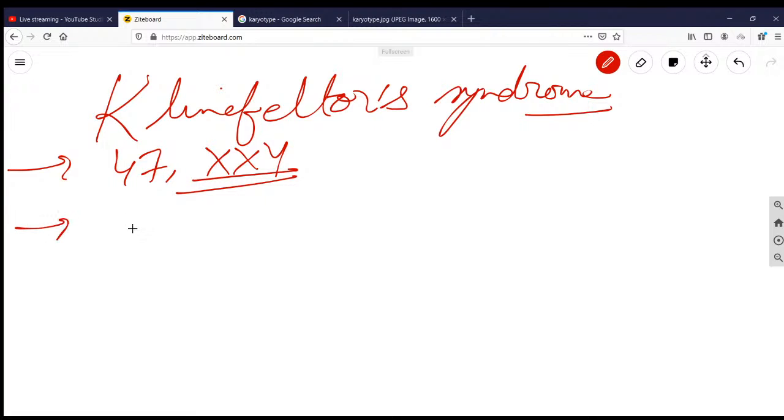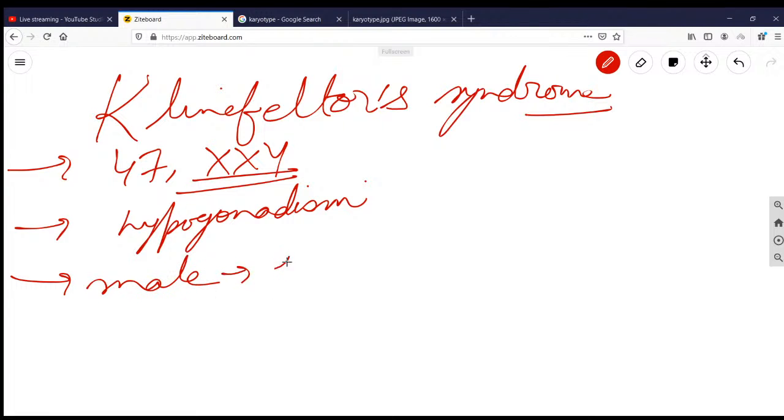It is the most common cause of hypogonadism. The gonads do not develop properly, hypogonadism in the case of males, and the male will become infertile or sterile. Male infertility. It accounts for almost 10% of the males.